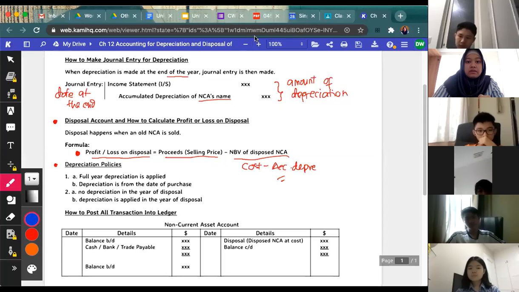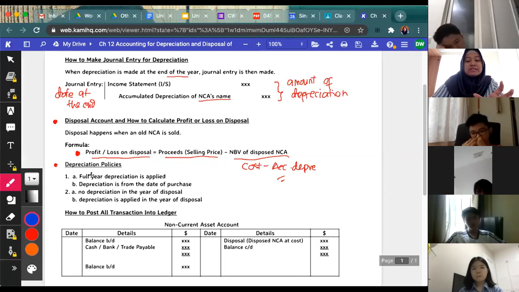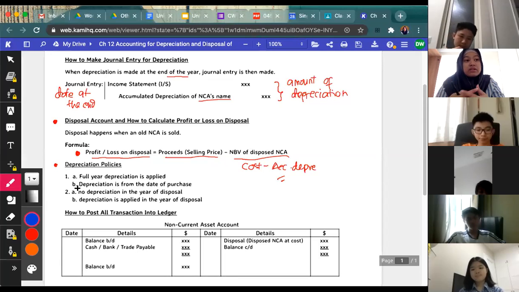Okay. Next. The first policy is how the NCA itself is depreciated. Some company will depreciate the assets for full year, no matter when they purchase that asset. For example, my accounting period is from January to December, and I purchased my NCA in July.